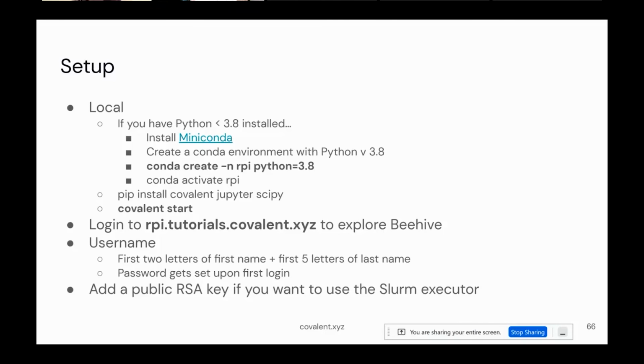If you want to test these tutorials, and if you want to test the remote Slurm executor, you need to add an SSH key to your account on Beehive so that the executor can use that to remotely and non-interactively start submitting and offloading whatever tasks you tell Covalent to the AWS Cloud Beehive. Right now we don't support passwords because it's not as secure, but you need an SSH key because it allows you non-interactive access to the cluster.